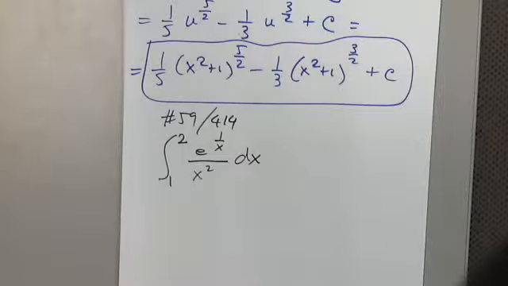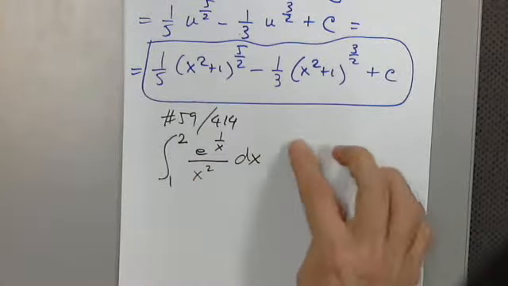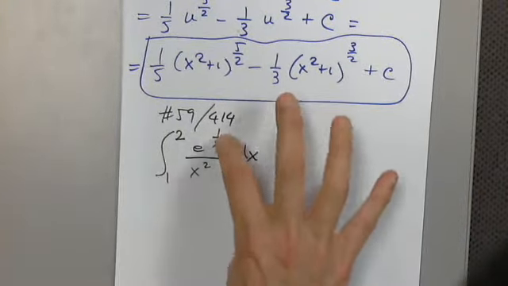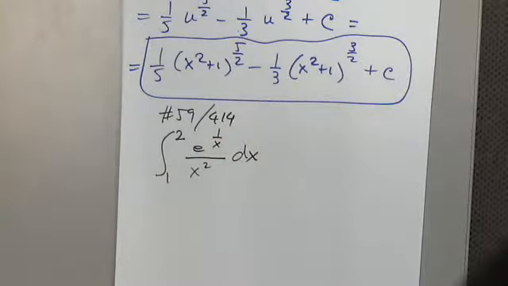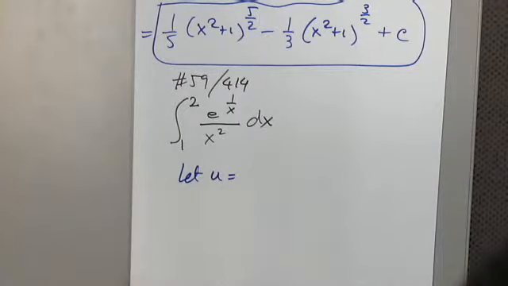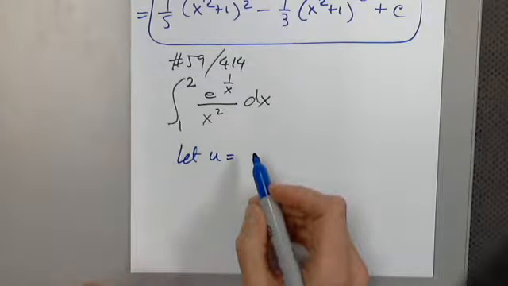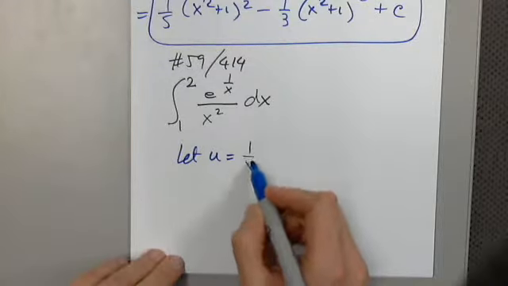Okay. So I'm looking at this function, I say, I really don't like having a power of e instead of e to the x, having 1 over x in there. So this is what my starting point would be. To say, let u be just 1 over x.